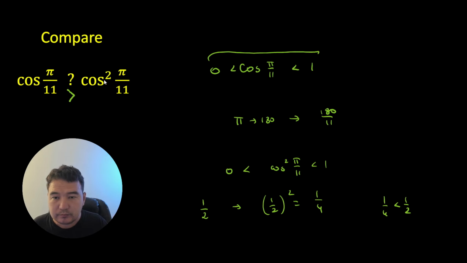So you have to make sure that this cosine is positive. If for some reason, because of the angle, it becomes negative, and this is a square, which is always positive, then this side is greater.